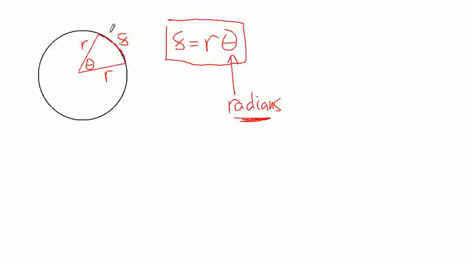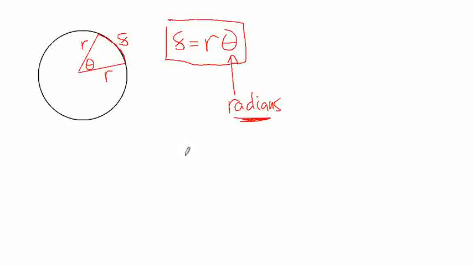Would you agree that if the angle was 180 degrees, the arc length would be associated with half the circumference? So the fraction of the entire circle associated with theta is equivalent to the fraction of the circumference associated with the arc length. Okay, that was a mouthful, so let me just write it down and maybe you can think about it and it'll come to you.